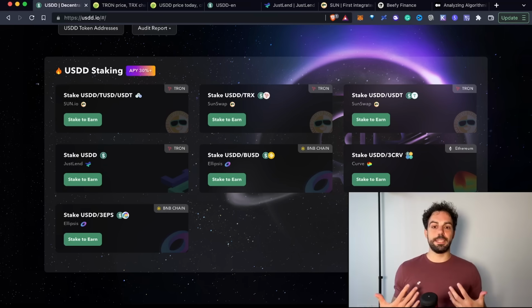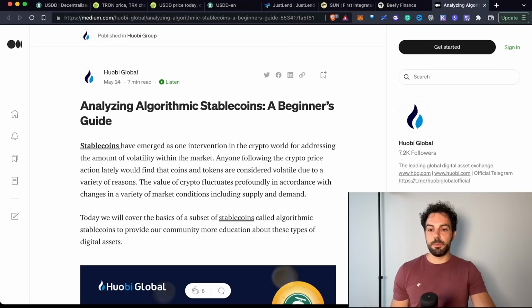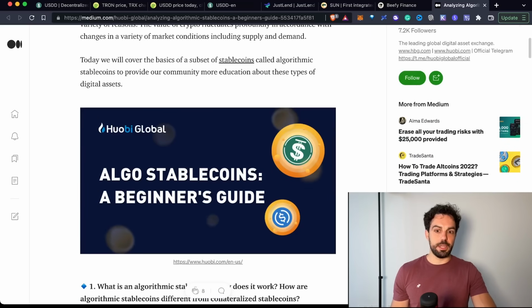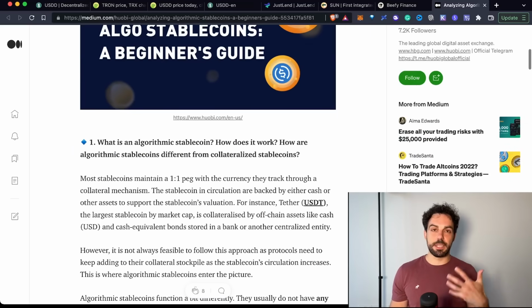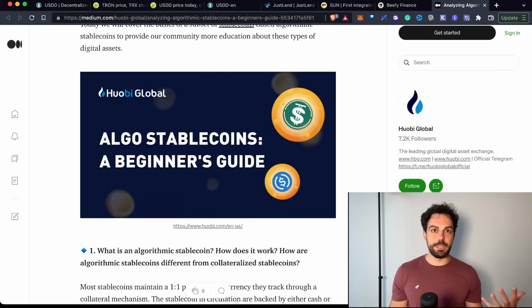So what we can say, first of all, if you want to know more about algorithmic stablecoins, a good read could be this one that has been published by Huobi Global, and they published it because they have been listing USDD. As you can see, there are many players, exactly as happened with USD, that are now trying to list the different stablecoins.